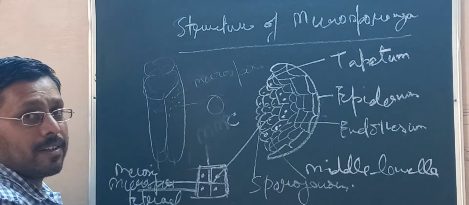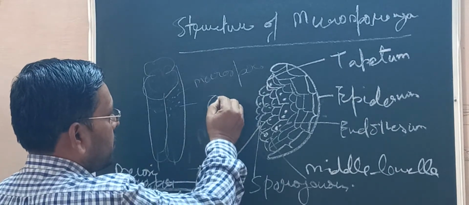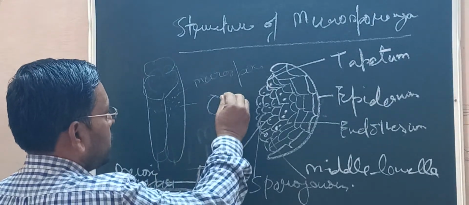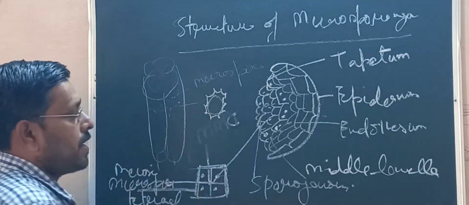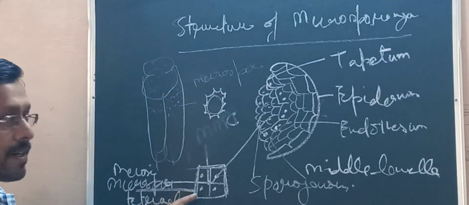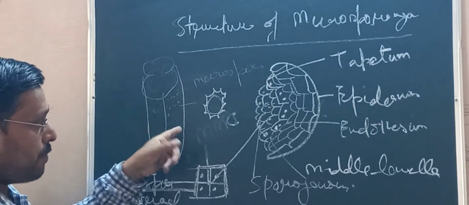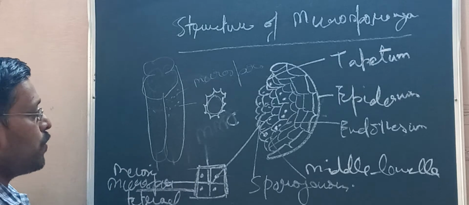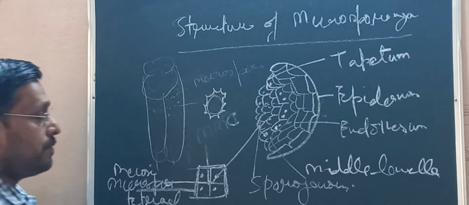a two-layered structure. One is called the intine and another is called the exine. The microspore tetrad breaks up, frees the microspores, and then each microspore develops a two-layered structure, the intine and the exine.